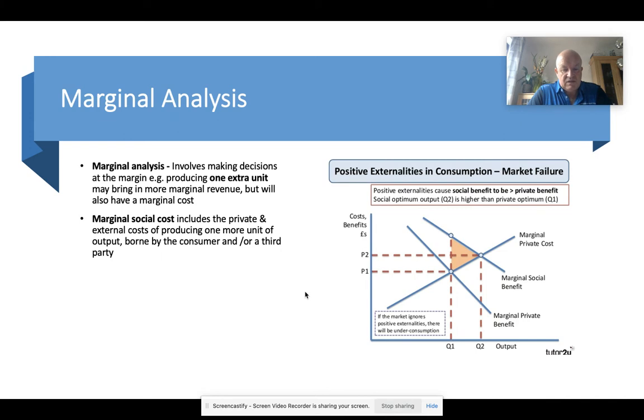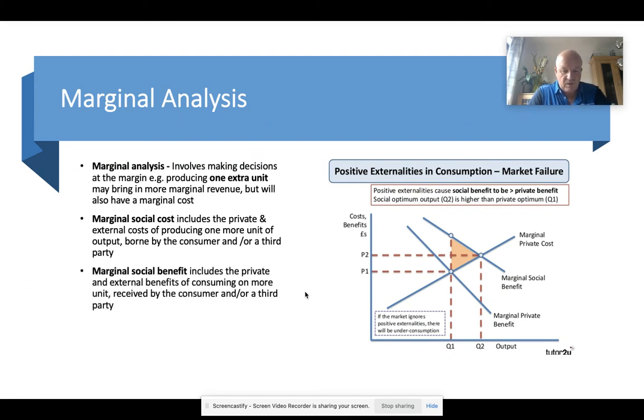So in this case, our marginal social cost includes the private cost and also the external cost of producing that extra unit of output, okay? So that might be borne by the consumer and or the third party. The marginal social benefit includes the private and the external benefits of consuming that one more unit, and that's received by the consumer and or the third party, okay?